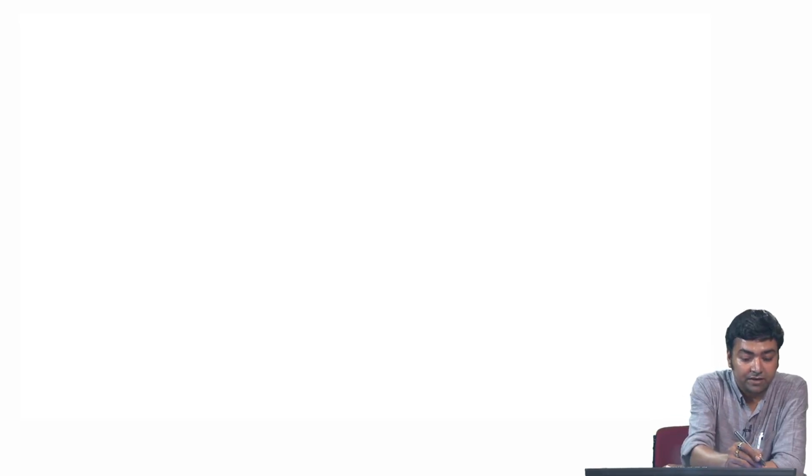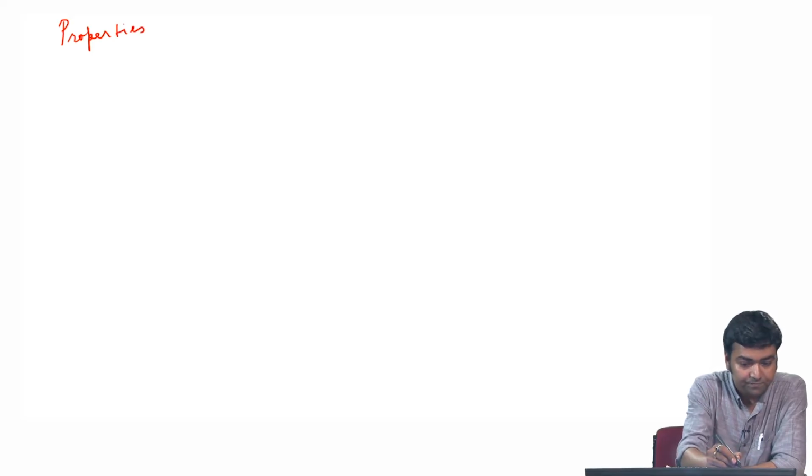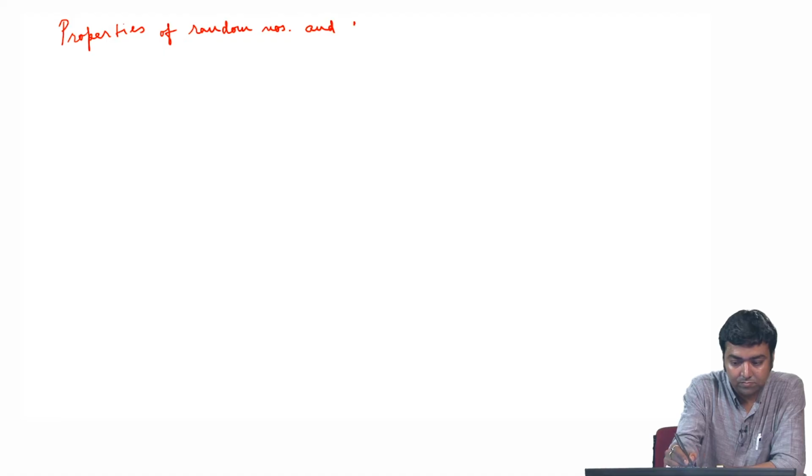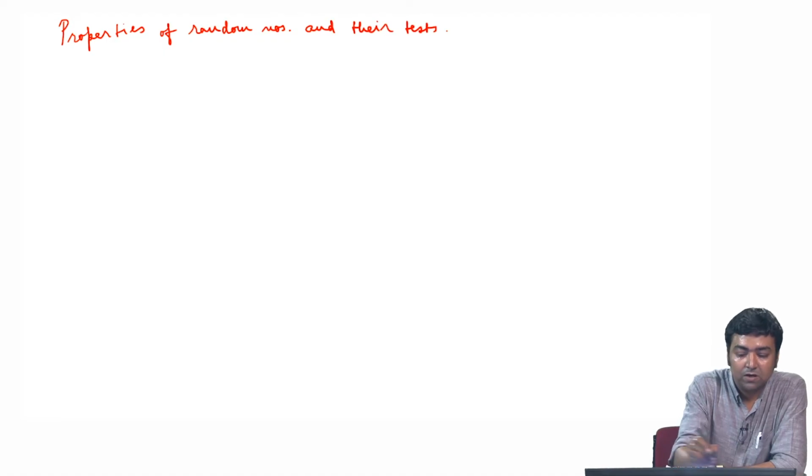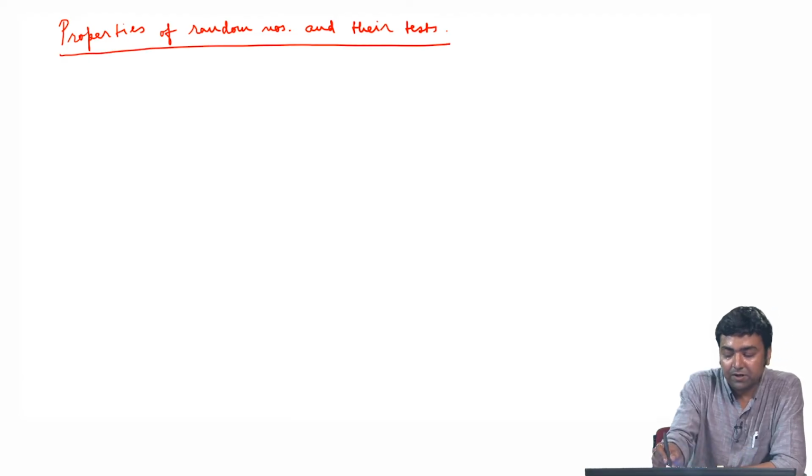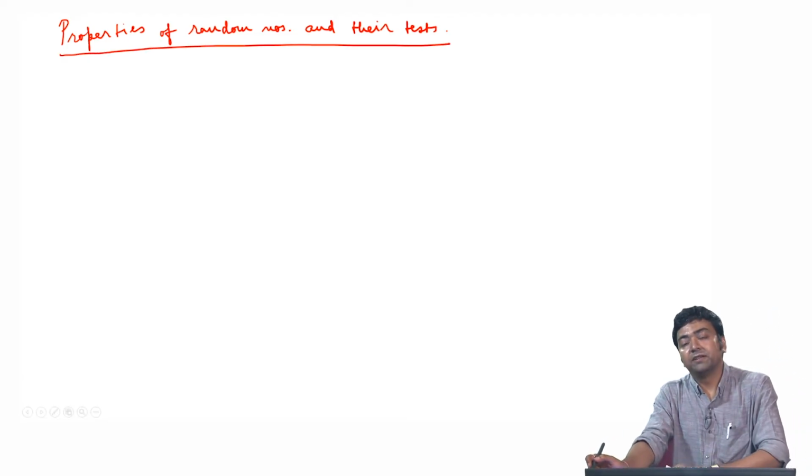So, with this brief introduction as to how natural random numbers and pseudo random numbers are generated, let us see now how one can test the random numbers. But before that, let us look at the properties of random numbers. What we are going to discuss now is the properties of random numbers and their tests.